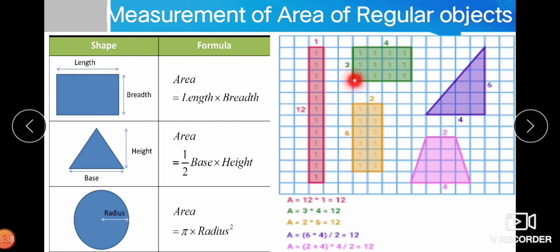If area has 1, 2, 3, 4, 5, 6, 7, 8, 9, 10, 11, 12, 13, 14, 15, 16 squares, then area will be 16 centimeter squares. 16 into 1 centimeter square, that is 16 centimeter square. So you can calculate the area of regular object either by formula or by using the graph paper.